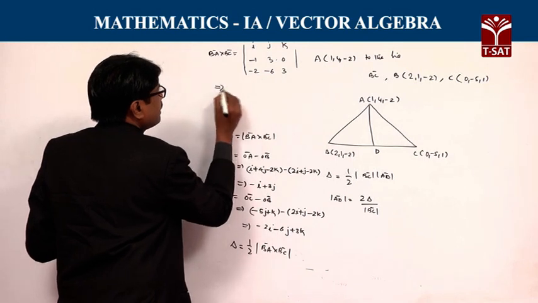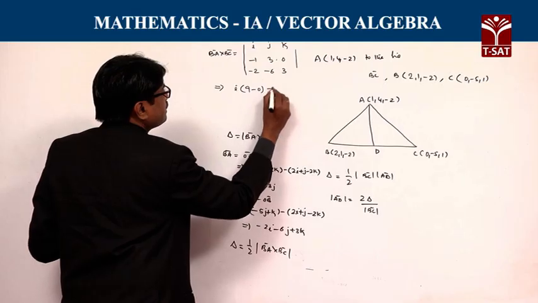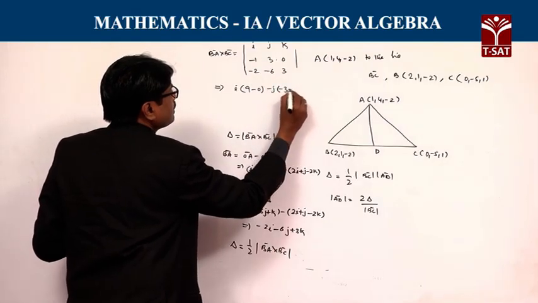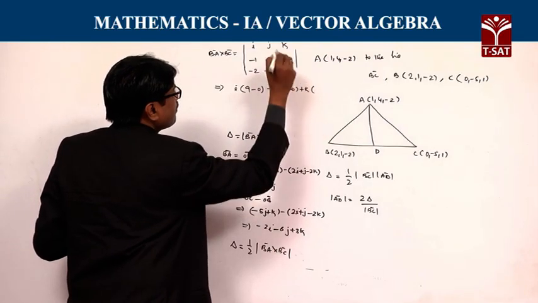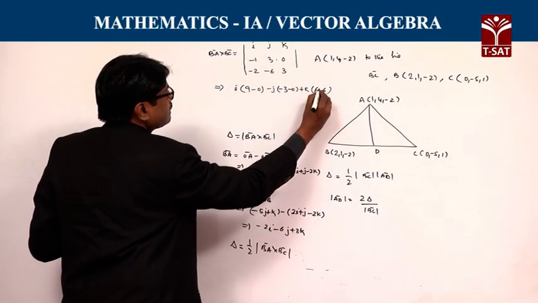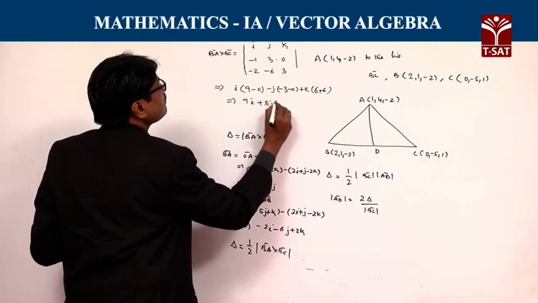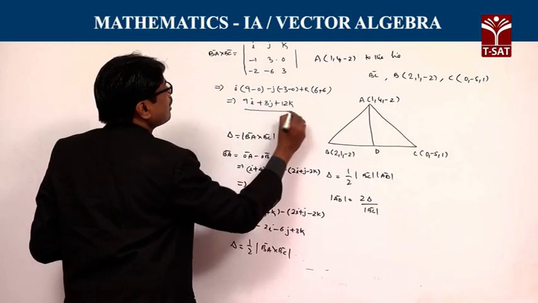On expanding this determinant, I bar times of 9 minus 0 minus J bar times of minus 3 minus 0 plus K bar times of 6 minus 6 plus 6, that is 9 times of I bar plus 3 times of J bar plus 12 times of K bar.